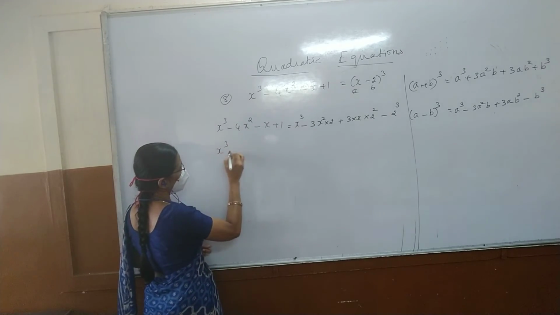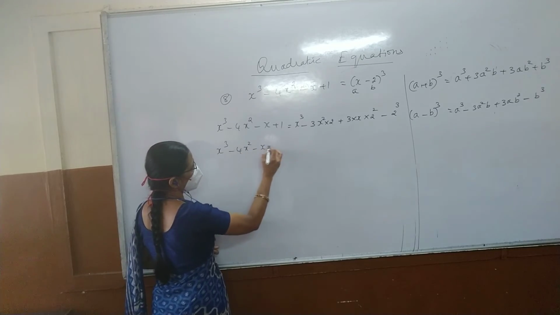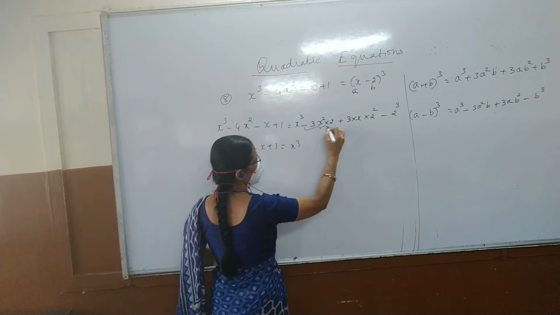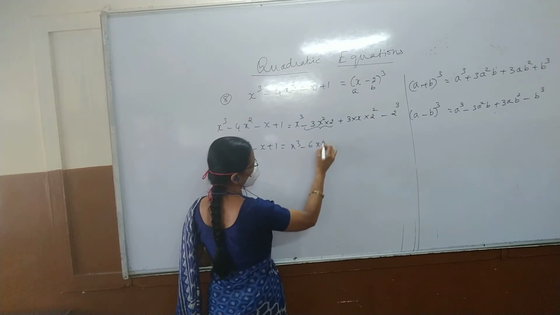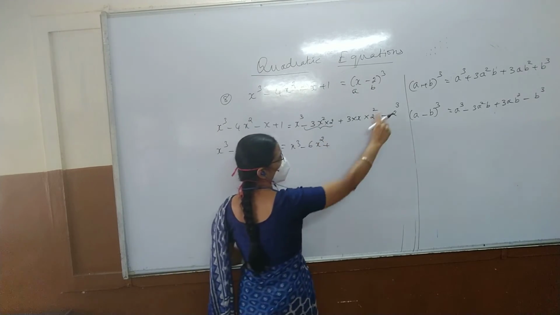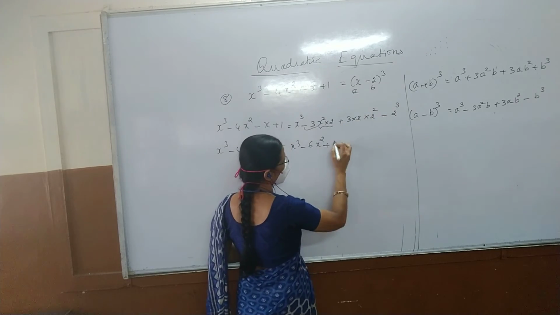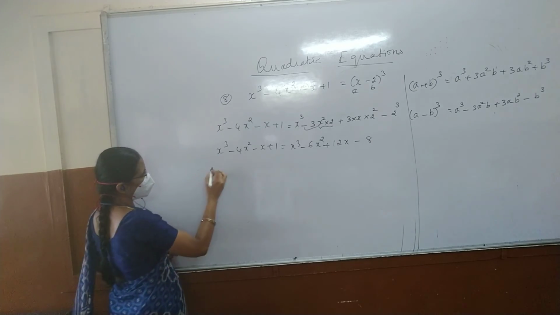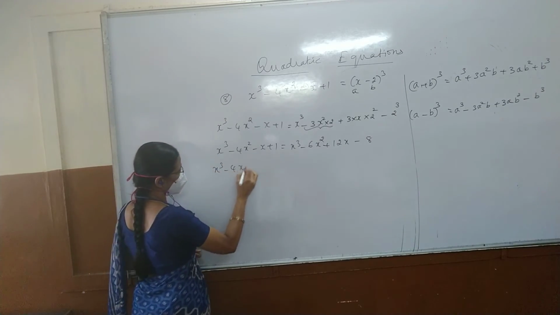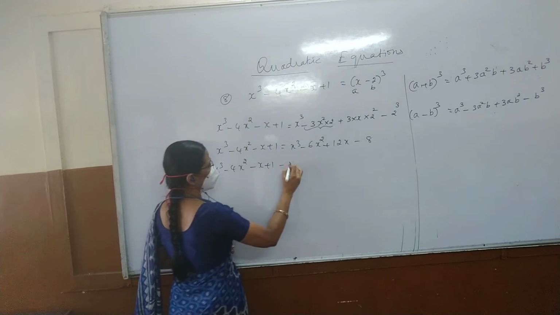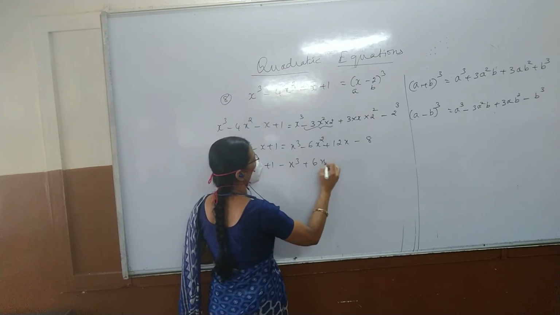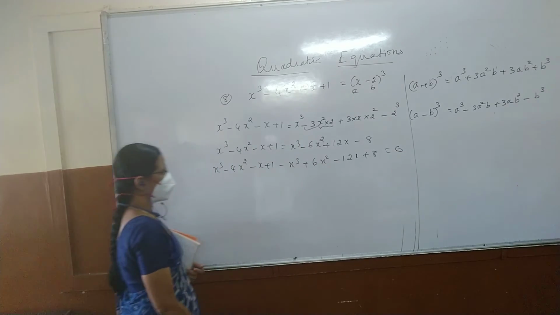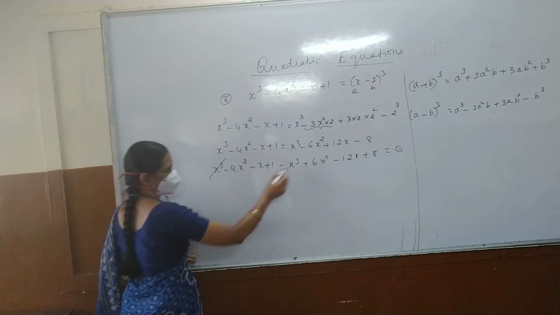It is x cube minus 4x square minus x plus 1, which is equal to x cube, multiplying here we will get 6x square. Here it is 4 into 3, 12x minus 8. Now let us bring all the terms to the left side. Minus 12x plus 8 equal to 0. Solve x cube terms, x cube minus x cube.